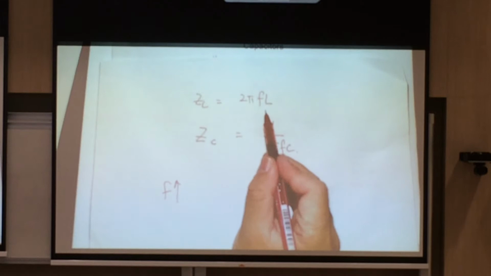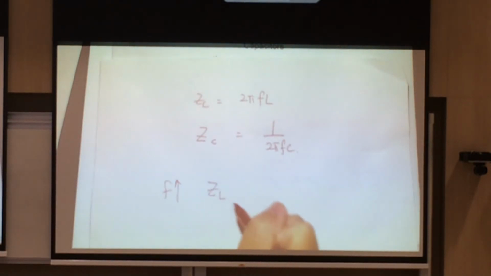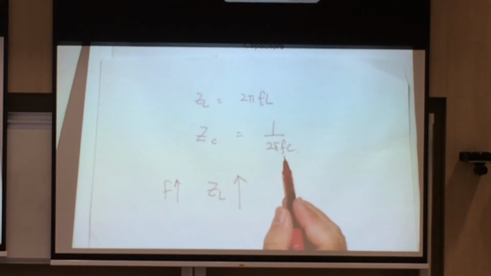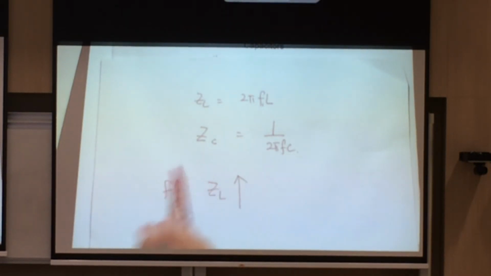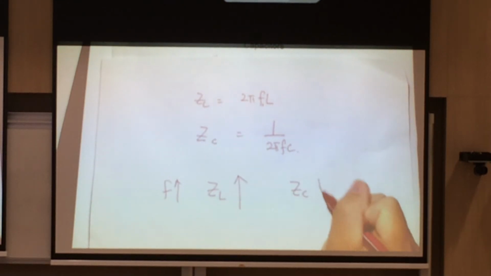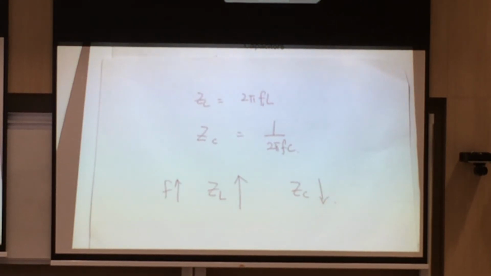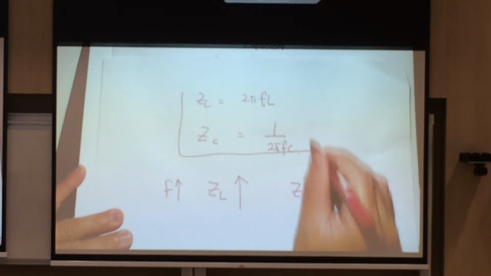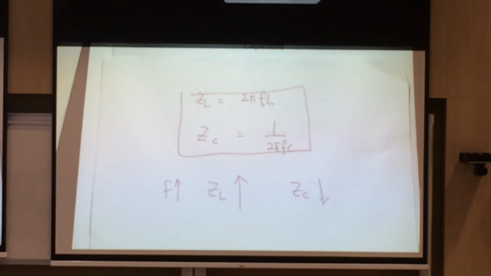Z_L increases because F becomes big. Right? But when F becomes big, what happens to your Z_C? You are dividing by a big number. Right? So given the equation, think about it.